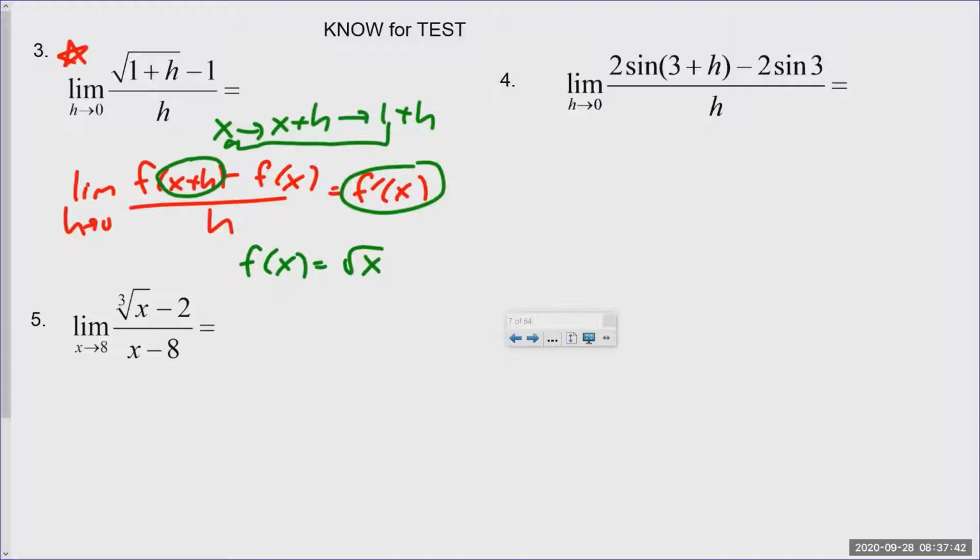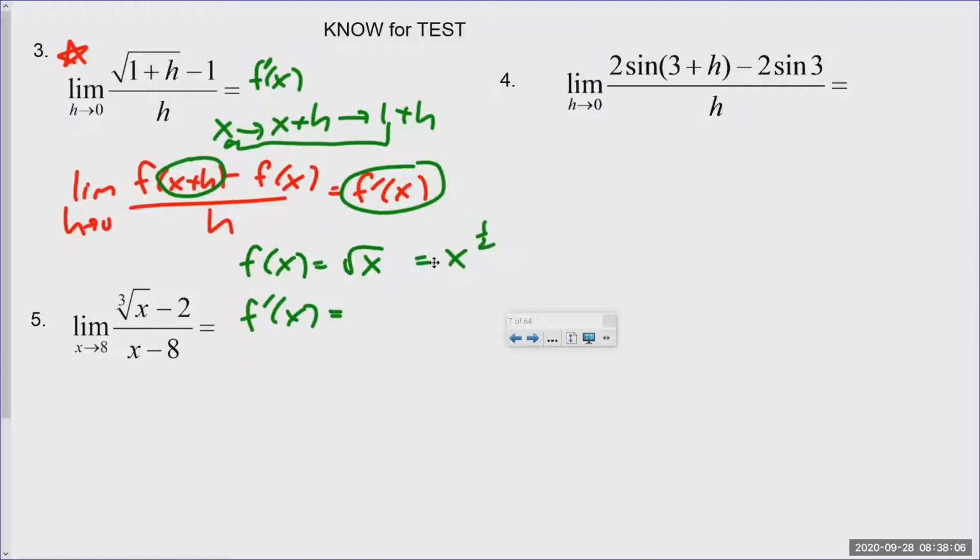Okay, if this is f of x, I actually don't know f of x, so let me just tell you, that's the number one wrong answer. Students tell me that the answer to this is f of x. Is this the definition of a function? No, it's a definition of a derivative. I want the derivative. So if this is f of x, how do you find f prime of x? First you rewrite, okay?